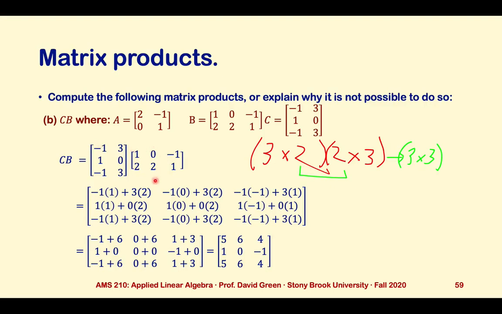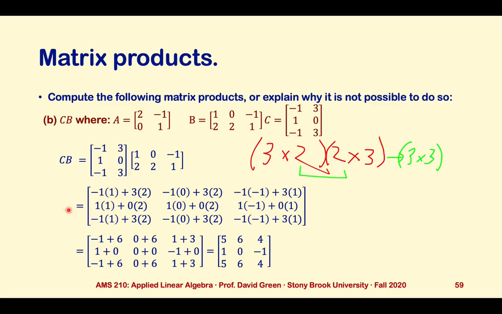First row of C and second column of B, -1 times 0 plus 3 times 2, 0 plus 6 is 6. First row of C, third column of B, -1 times -1 plus 3 times 1, 1 plus 3 is 4.